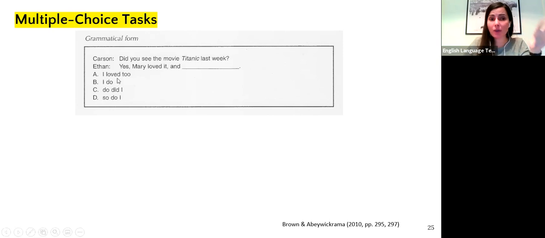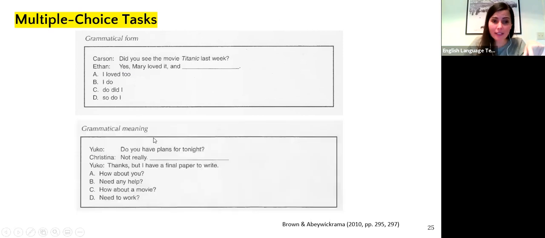So this one is just focusing on the grammatical form because it's not essential for the students to understand the context. But for this one here, they need to understand the context and the meaning, because all of these options would be okay here. Do you have plans for tonight? Not really. How about you? Need any help? How about a movie? Need to work?